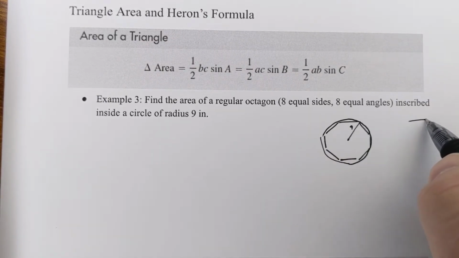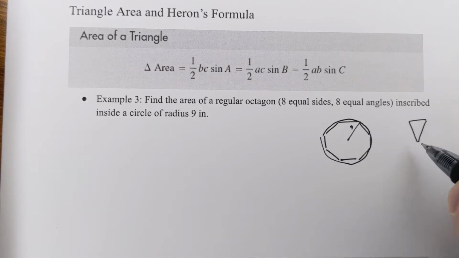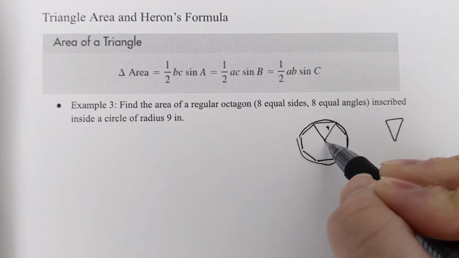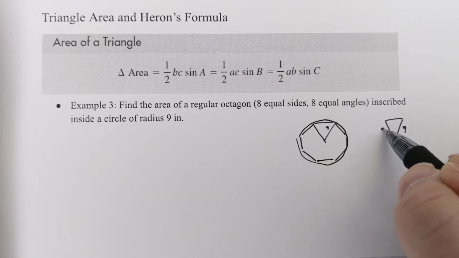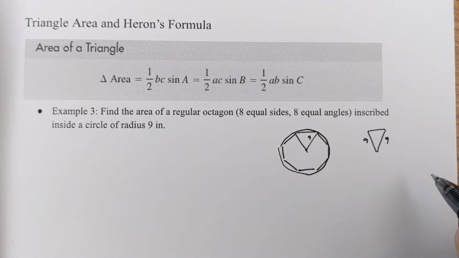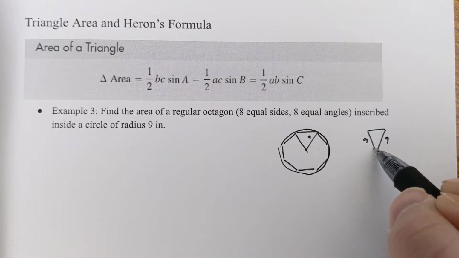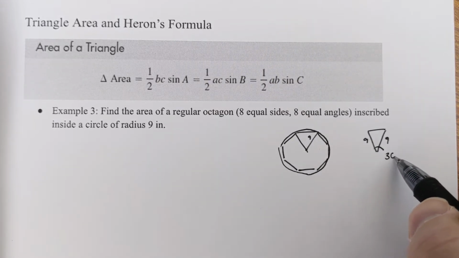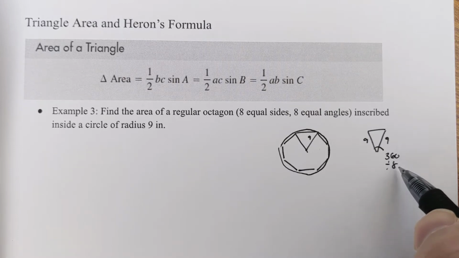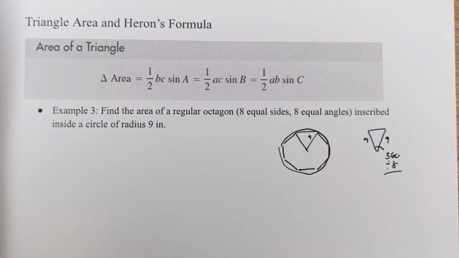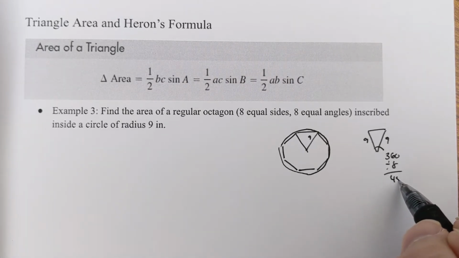So the thing about an octagon is we're actually looking at this, for example, triangle. So these two sides are 9. The angle in between, since this is an octagon, I can figure out what that angle is. That angle is 360 divided by 8, which is probably 45, but just to make sure. Sure is. So 45.